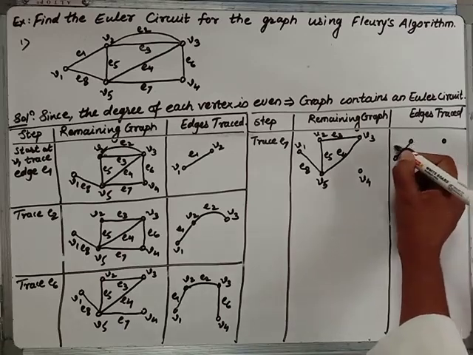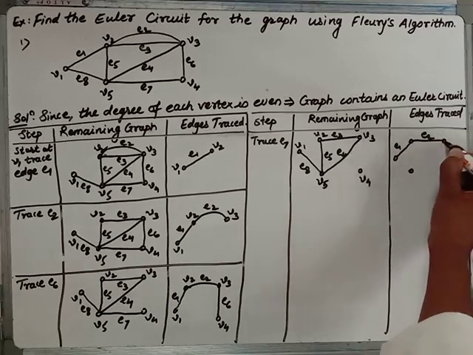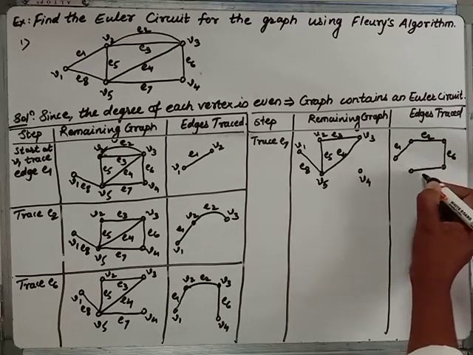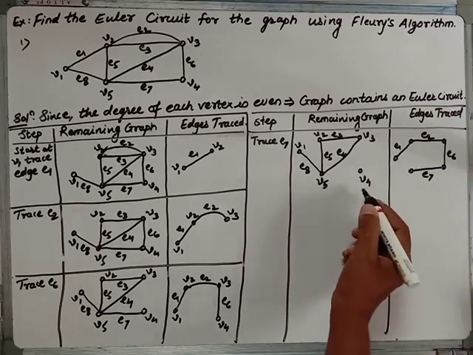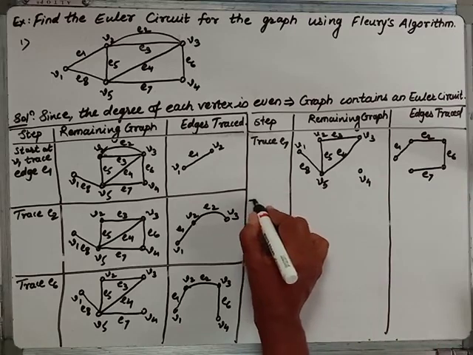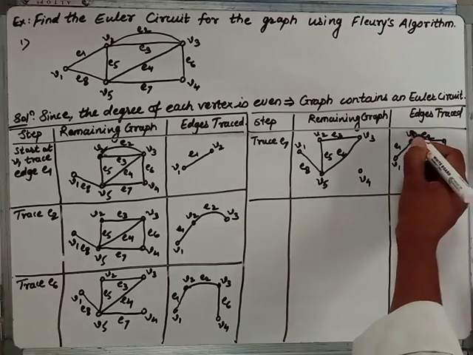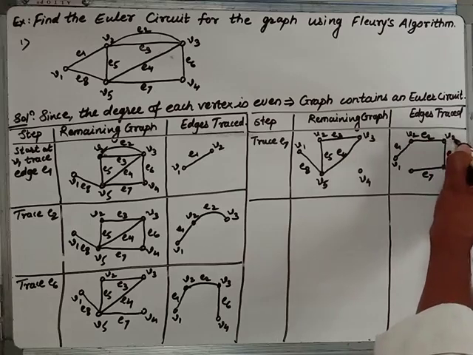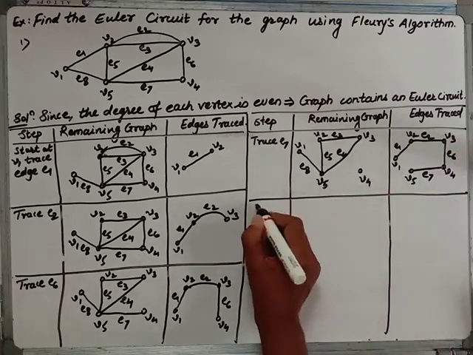Traced are E1, E2, E6, E7. Now V4 is isolated, so we will erase that one. That is our next step. Here let me denote the vertices.